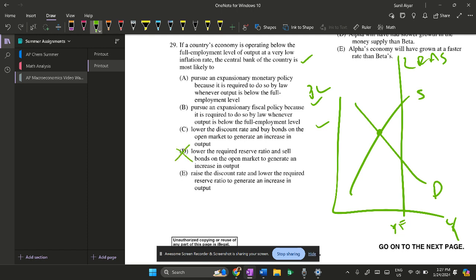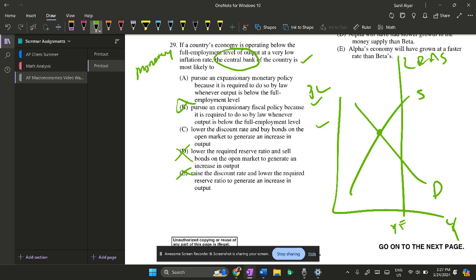Lower the RRR and sell bonds, no. That would be, yeah, okay, and then raise discount window, obviously that's not right. So which one now? The central bank. So this is key, right? Central bank is what? Monetary policy. So if you see fiscal, exit out.